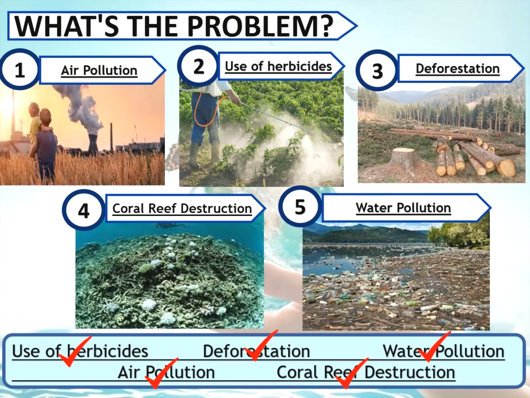Yung other ways na tinutukoy ko, possible yung mga basura mula sa iba't ibang pabrika o sa mga tahanan din na dumedirekta sa bodies of water tulad sa ilog, sa dagat.